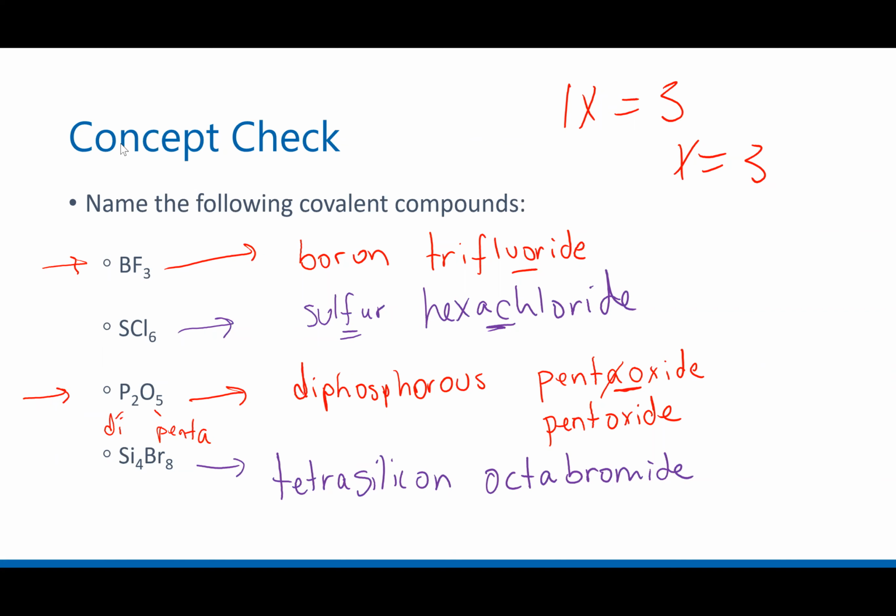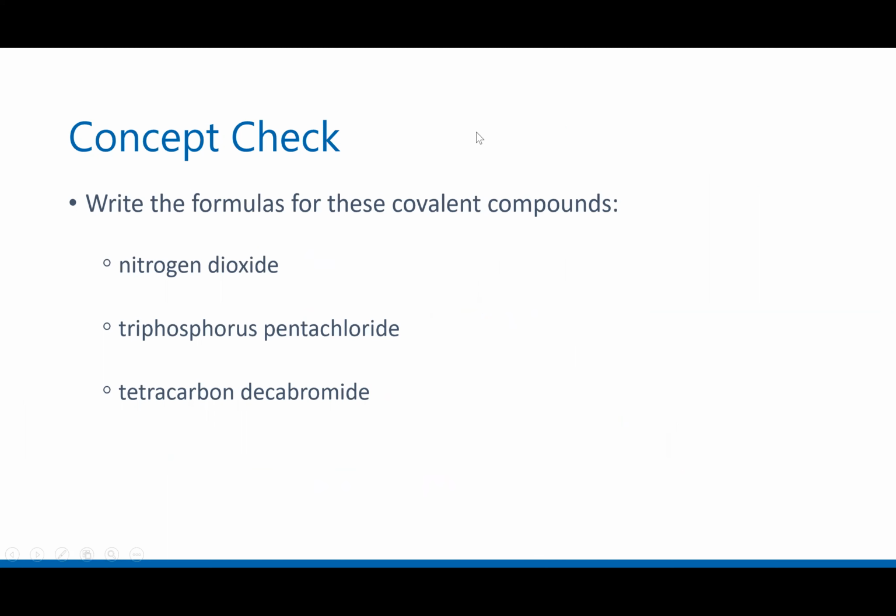When I was a student, and I cannot stress enough how hard I found naming when I was 18 or 19 in university, I don't know why my brain couldn't connect, but I always liked this because you just break the name down. I don't have to worry about charges. I don't need Roman numerals. All I need to do is know that nitrogen is N and oxygen is O, and there's two oxygens. The name just tells me what to write.